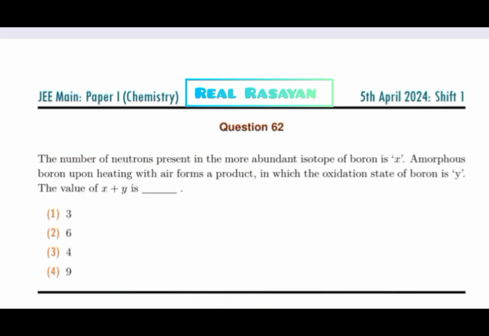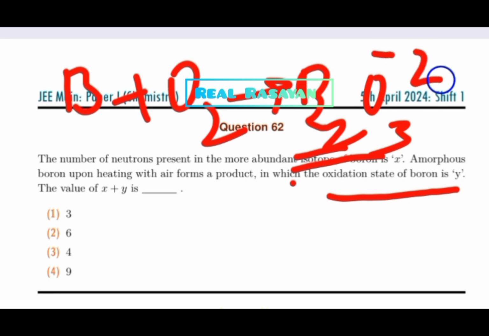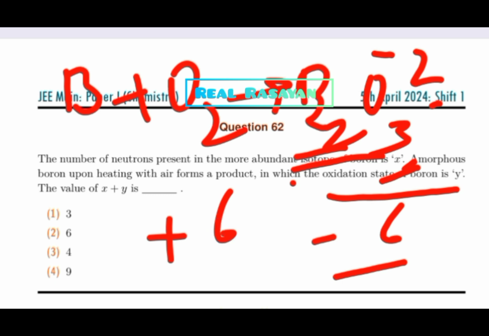Then amorphous boron upon heating with air gives B2O3, a product in which the oxidation state of boron is Y. Oxygen is 2 negative, so overall three oxygens give 6 negative charge, which means 6 positive on 2 boron atoms.